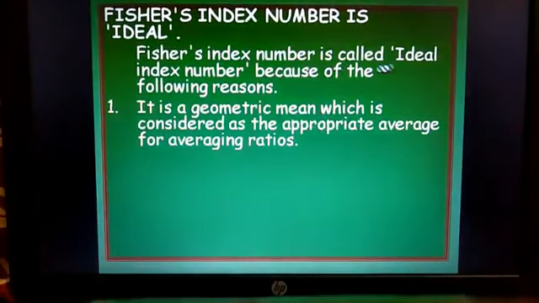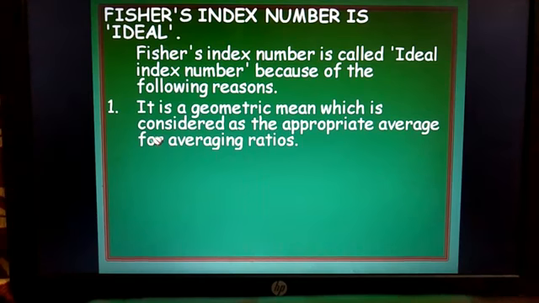Fisher's index number is called the ideal index number because of the following reasons. It is the geometric mean which is considered the appropriate average for averaging ratios. We know from the first year PUC syllabus that for rates and ratios, geometric mean is the best average. Fisher's index number is using geometric mean to calculate its value.